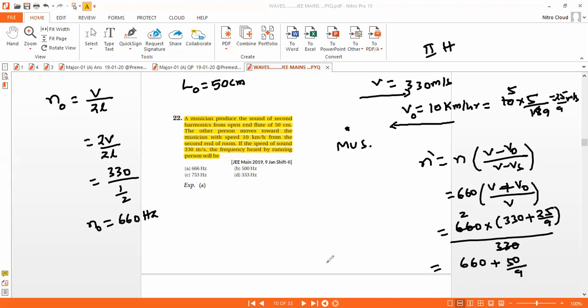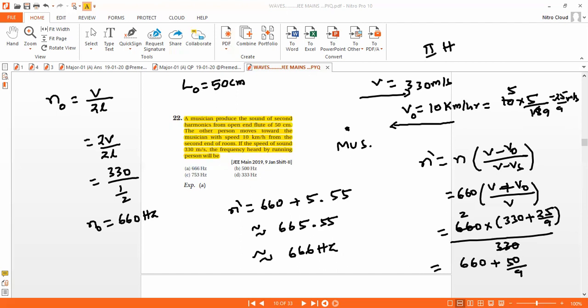So 660 plus, 9 5s are 45, 5.55. Approximately we get 665.55. In the options it is approximately 666.